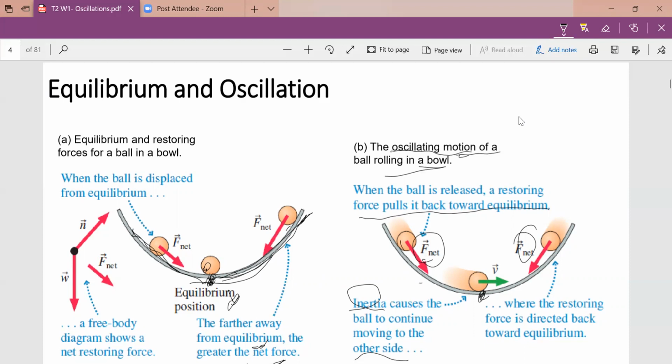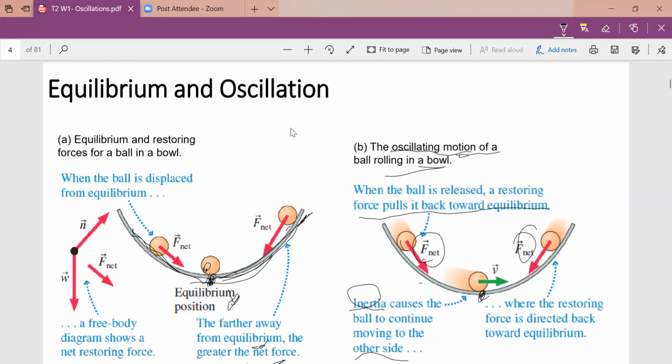We'll look at the first one, which is equilibrium and oscillation. When we talk about equilibrium, we're talking primarily about the rest point or a balanced position. So how does equilibrium relate to oscillation? We actually use the idea of equilibrium to describe oscillatory motion.